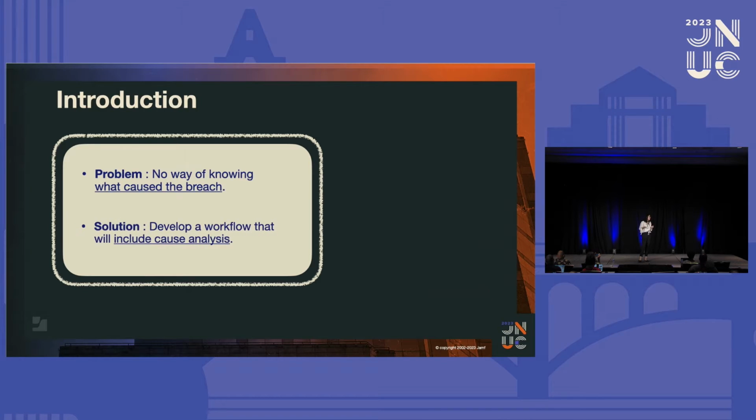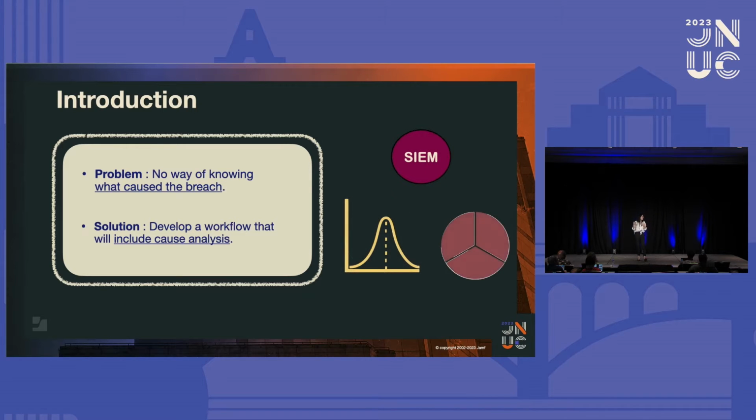So to solve this, I utilized Jamf Pro, Jamf Protect, and a SIEM product called Splunk to develop a workflow that can simplify and speed up the cause analysis process. By using SIEM products such as Splunk, we can visualize the data and quickly pinpoint the best time frame for the cause analysis workflow.